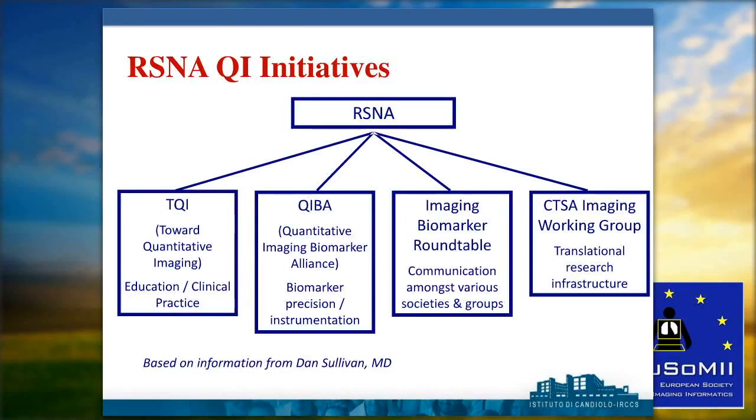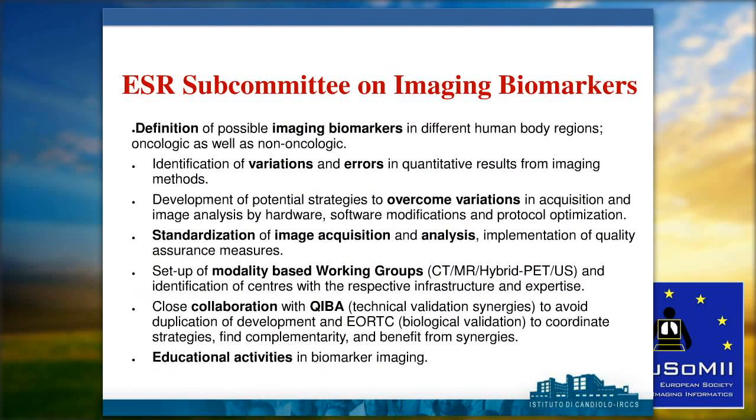And we have other associations in the USA, and you can see they all are under the umbrella of the RSNA, and also in Europe we had subcommittees on imaging biomarkers. Emanuele Neri was part of this, and again with the same aims to define possible imaging biomarkers in different human body regions and to identify variations in quantitative results and so on.